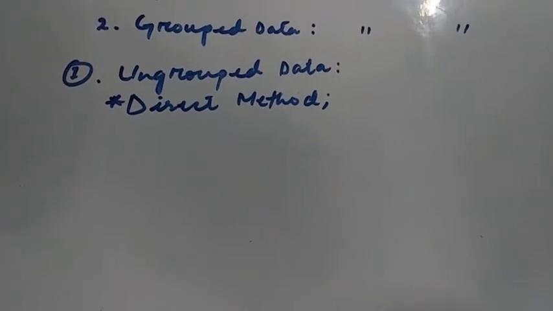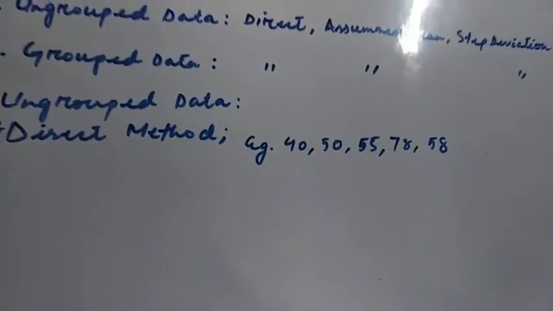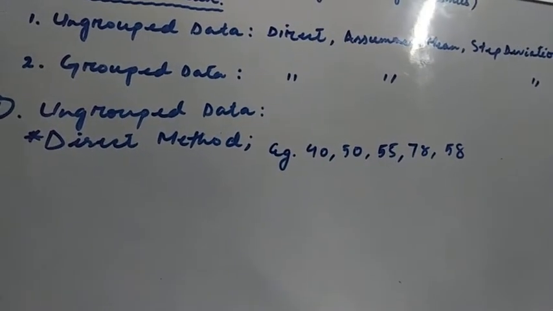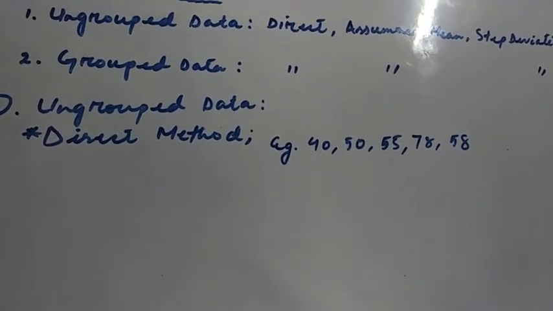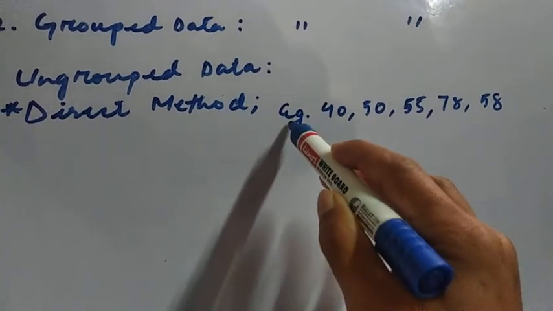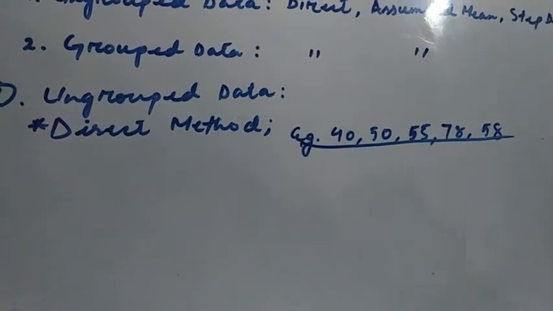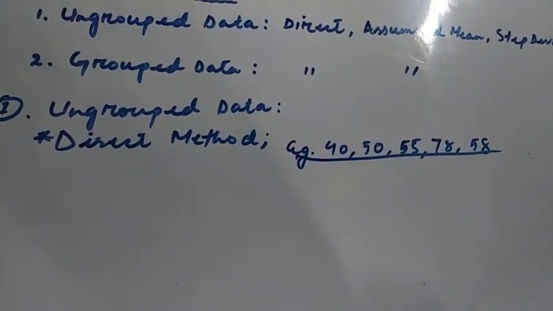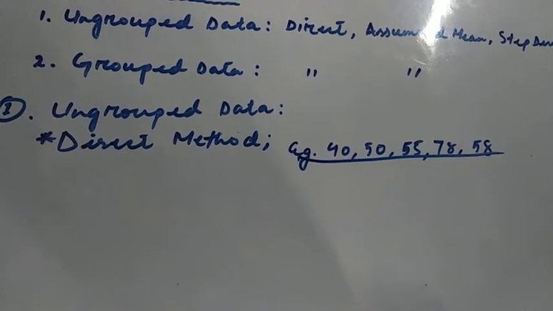Let us take an example to calculate this by the direct method. We have to calculate the arithmetic mean from this data showing the marks of students in a class in an economics test.